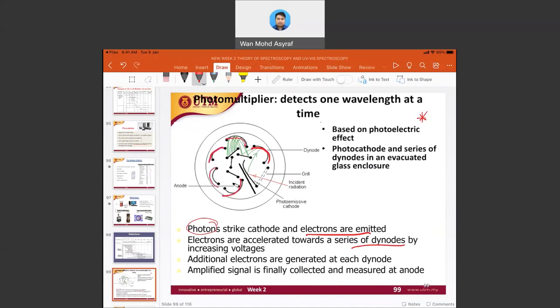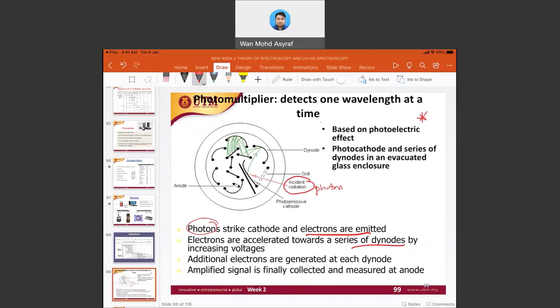Once it hits the first diode, it will produce more electrons. So this is the incident radiation, the photon, entering your photomultiplier tube.